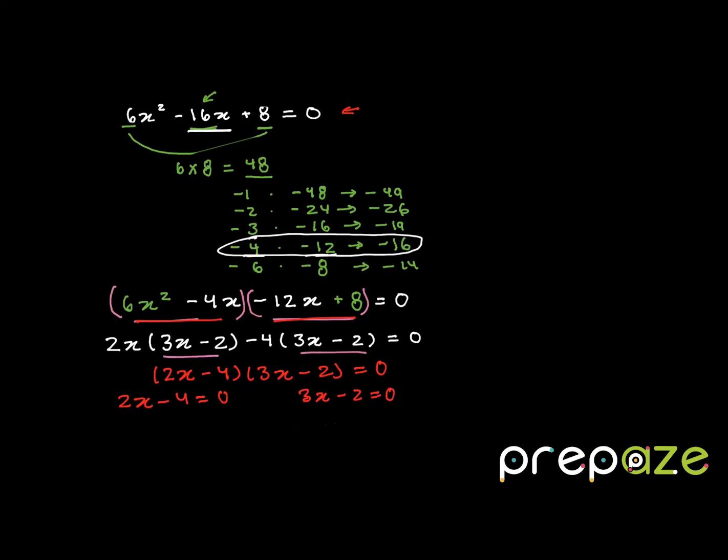So I'm equating each of these factors to 0, and I'm going to solve for x. So x here, if I add 4 to both sides and divide by 2, I'm going to get x is equal to 2. And over here, if I add 2 to both sides and divide by 3, I'm going to get 2/3. So my solutions to this quadratic equation are going to be x is equal to 2 and x is equal to 2/3.